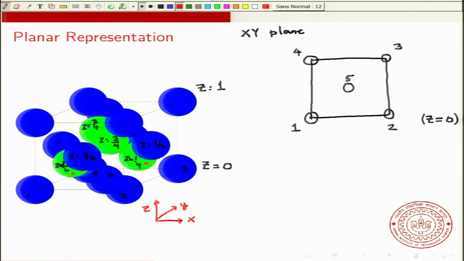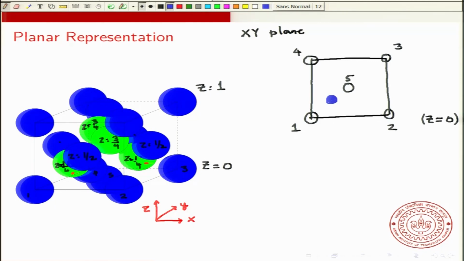Okay, so what is done is you show the z equal to 1 by 4. I'll use the blue color for z equal to 1 by 4, and now I have this atom at x equal to 1 by 4, y equal to 1 by 4.